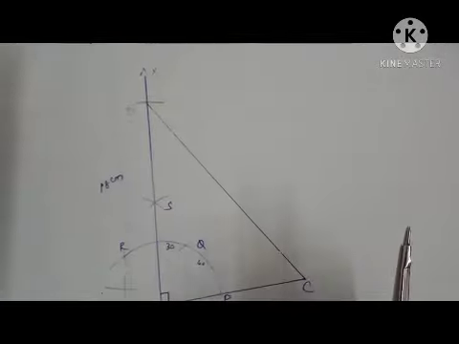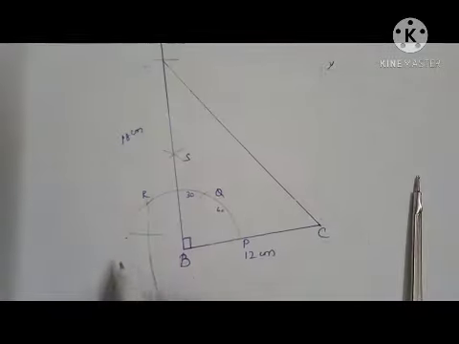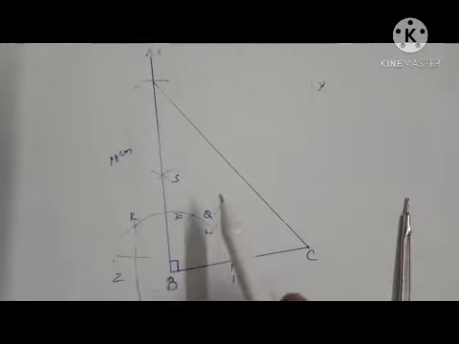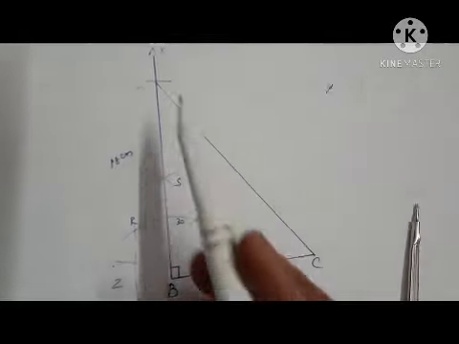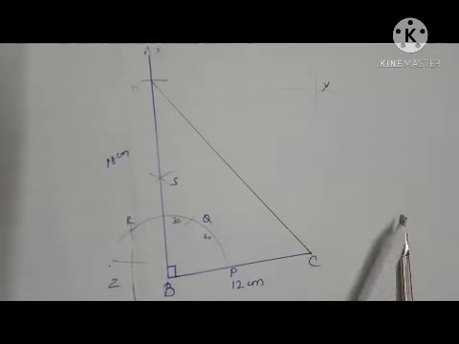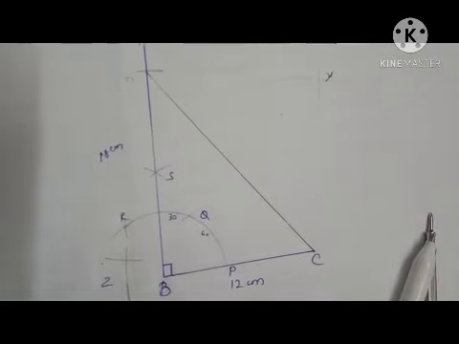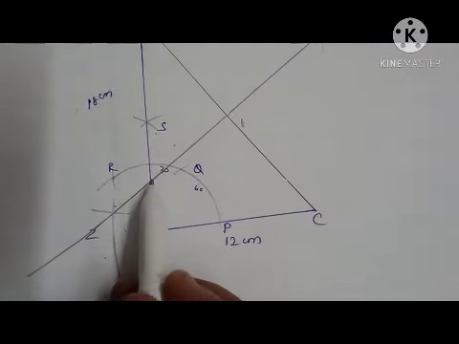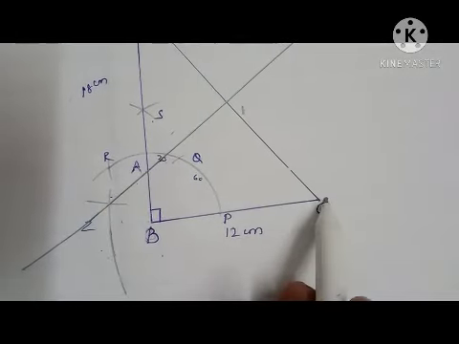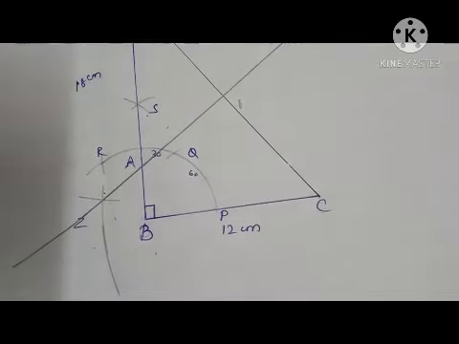Then we will get two intersecting points that are Y and Z. Then we have to join these two points and extend. Then that line intersects this BX at a point. That will be our required third point. Here I will name it as A. This is the point A. Okay. Then join AC. Then ABC is our required triangle.